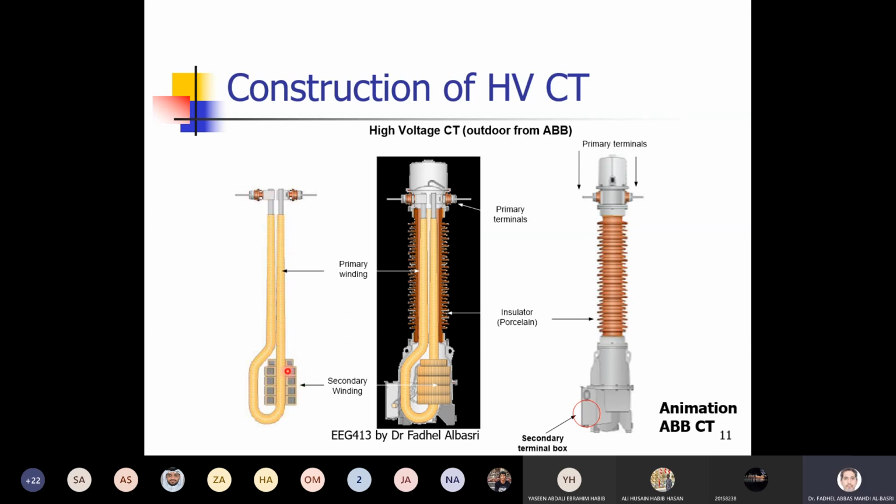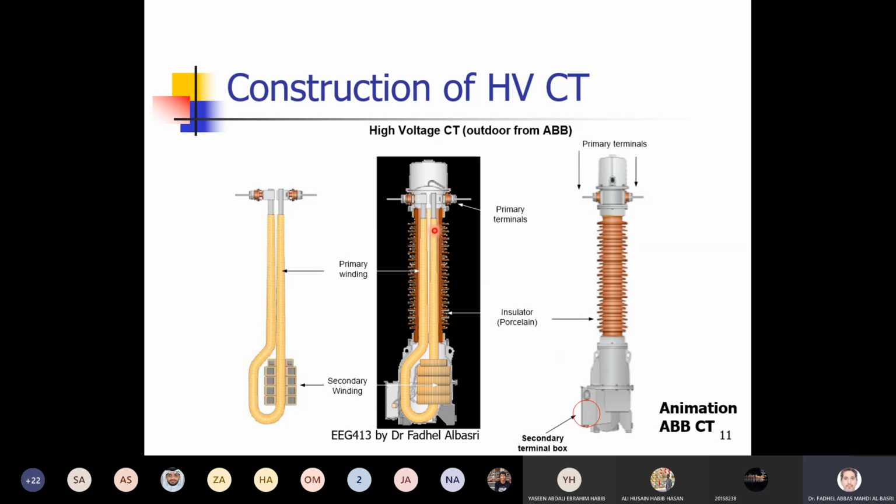And these are the cores at the bottom here. You have the core on which the secondary winding is wound, and the output is taken from the secondary side through this terminal box.